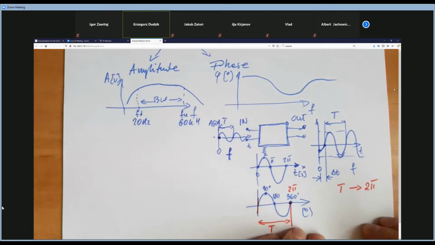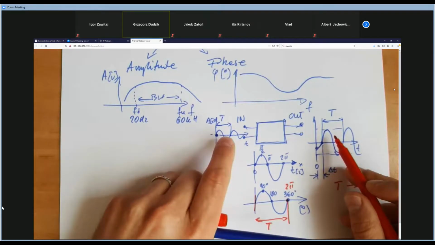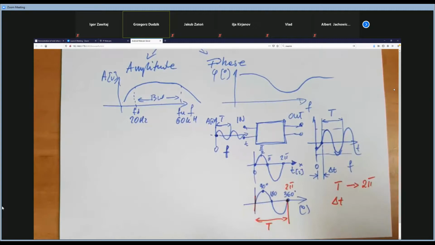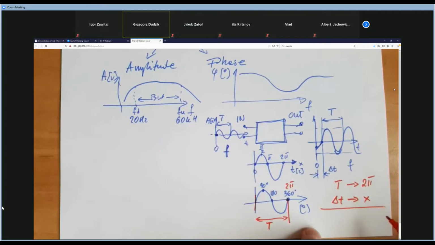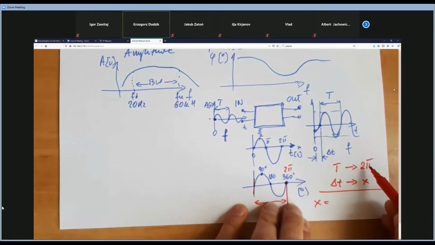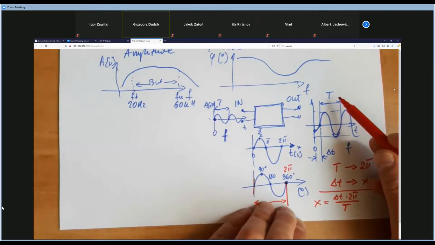So if you are able to measure the time delay of the output signal according to the input one, and this is delta t, so it is the x in the angle domain. So x can be calculated as delta t times 2 pi over T. But we know that the period is the reciprocal of the frequency.